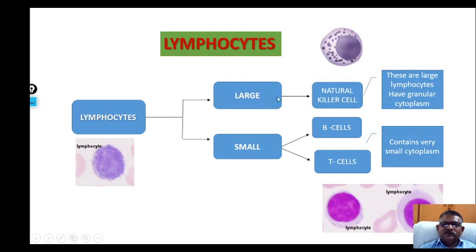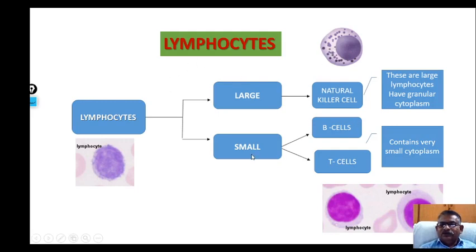Large lymphocytes get transformed into natural killer cells. They have granular cytoplasm, but as I stated, these granules are not visible under a light microscope. So you will not be able to see the granules, but they are there, and because we cannot see them, these are called agranulocytes.